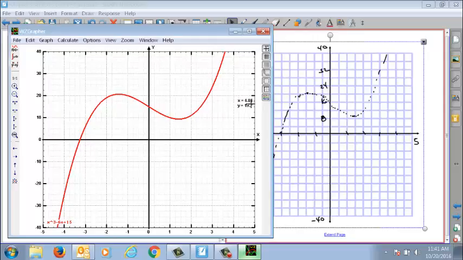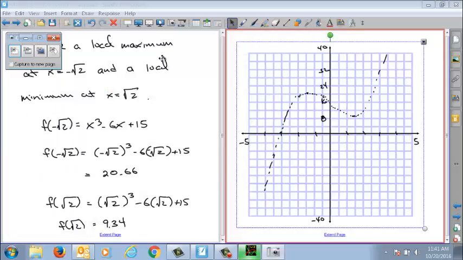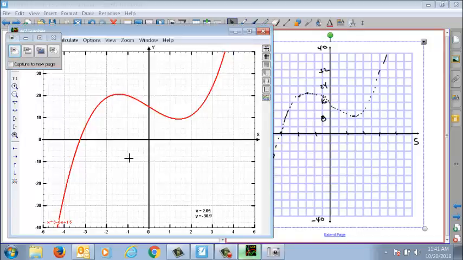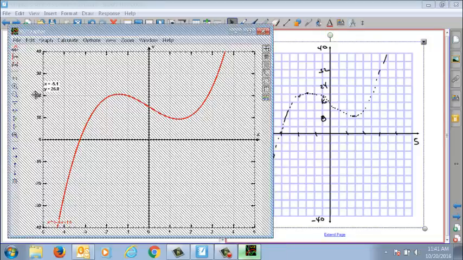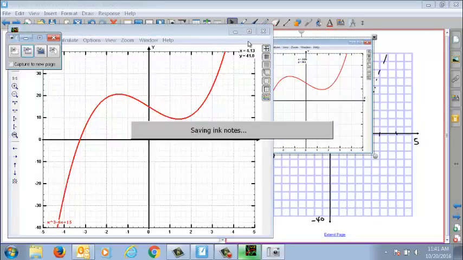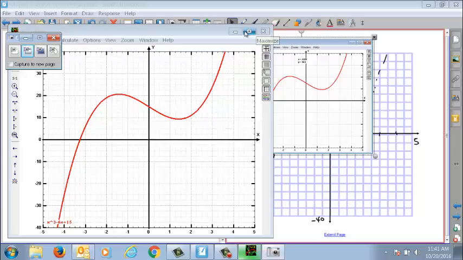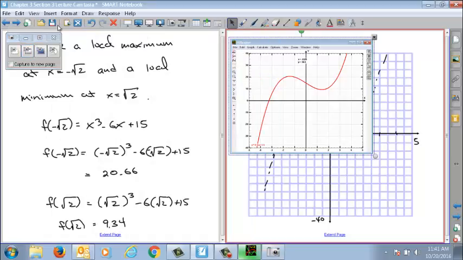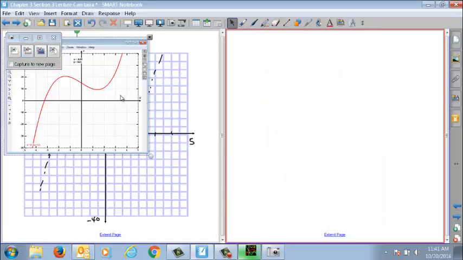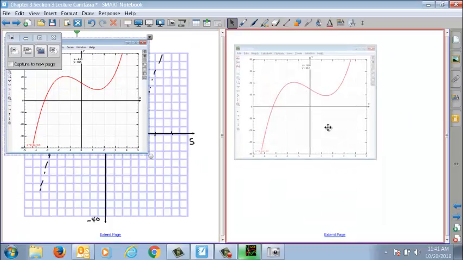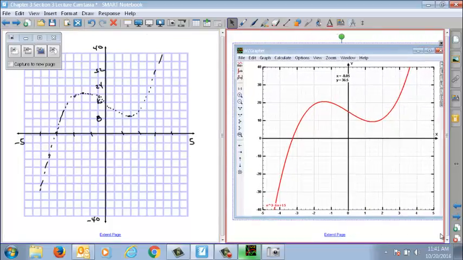So let me go ahead and take a picture of that. Close, minimize that. Add a page, move that over, stretch it out.